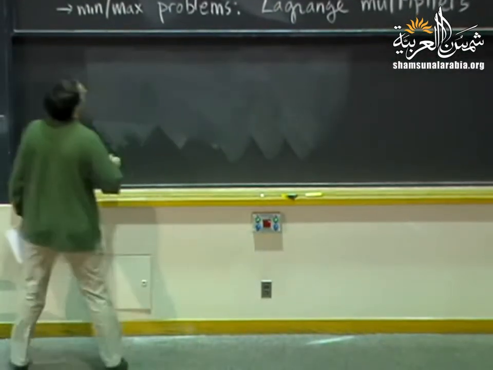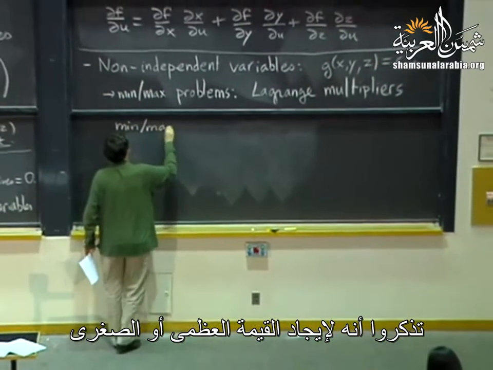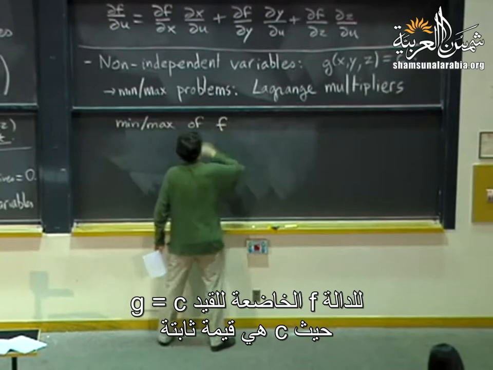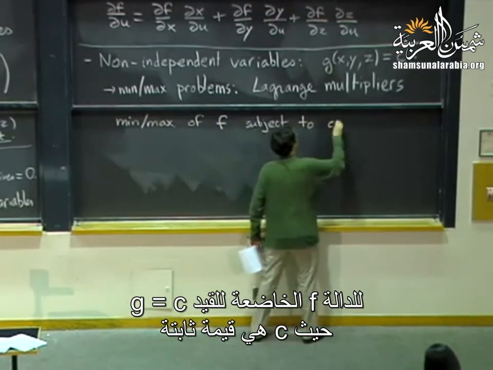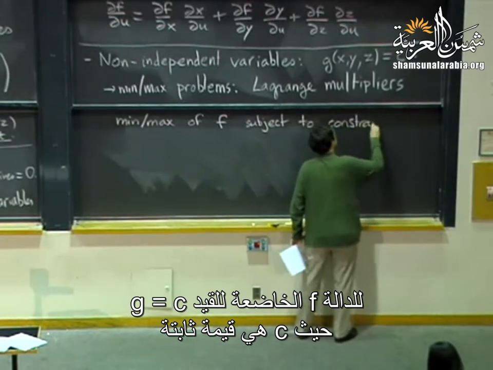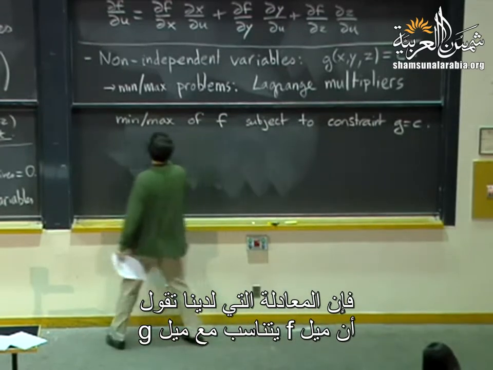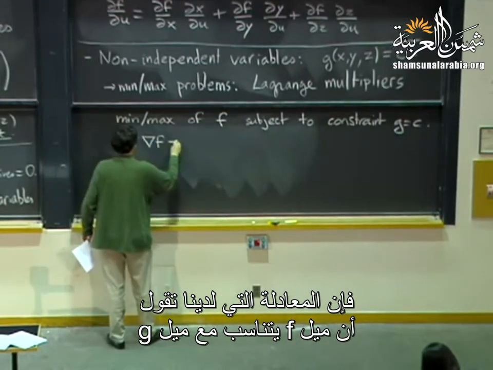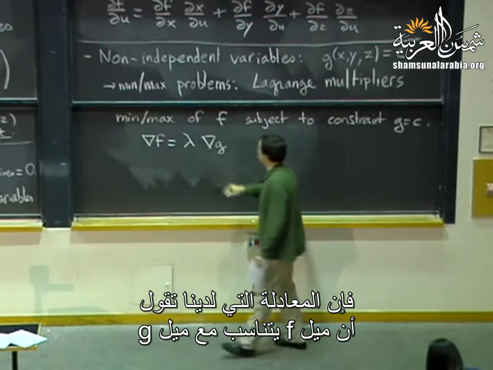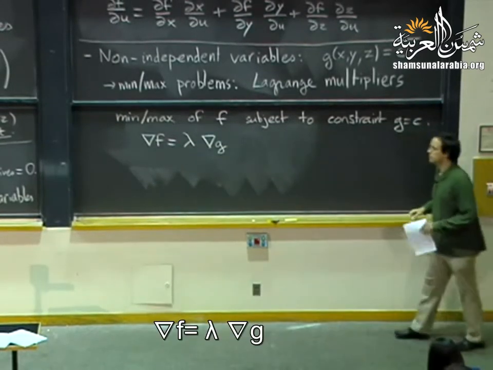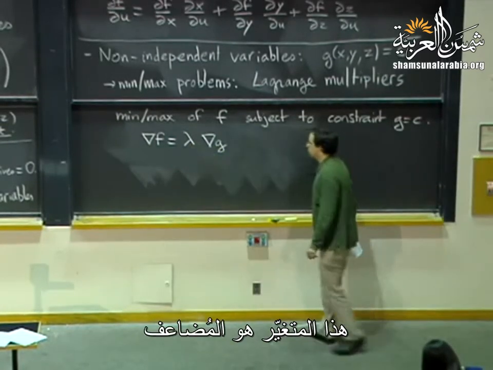So remember, to find the minimum or maximum of a function f subject to the constraint g equals constant, we write down equations that say that the gradient of f is actually proportional to the gradient of g. So there's a new variable here, lambda, the multiplier.